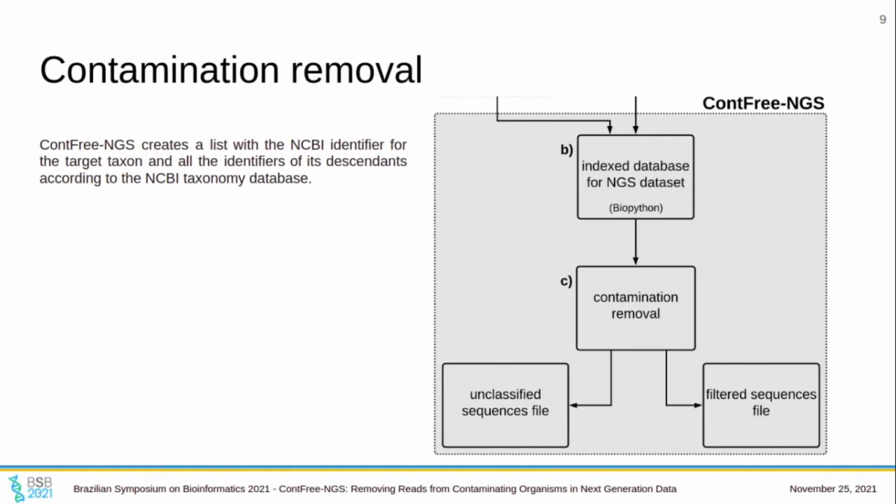And finally, in the contamination removal, ContFree-NGS creates a list with the NCBI identifier for the target taxon and all the identifiers of its descendants according to the NCBI taxonomic database. So, for example, in this step, it creates a list with the identifier of the target taxon.